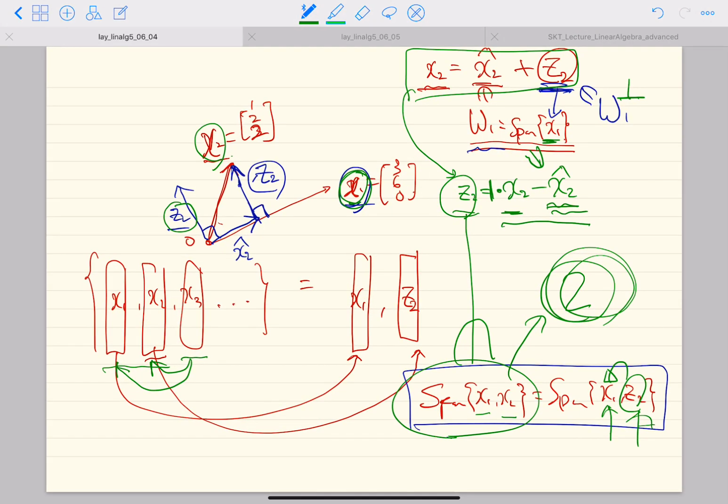Given x3, we consider its orthogonal projection x3 hat, which is inside the subspace W spanned by x1 and z2, which have orthogonal basis vectors. So this is v2 according to our lecture slide material.